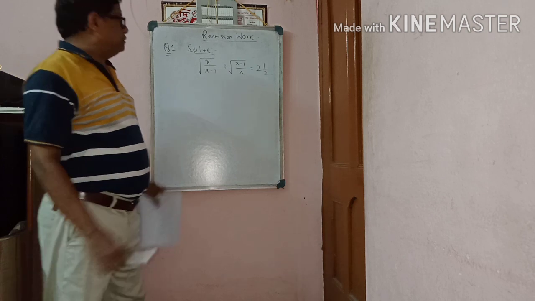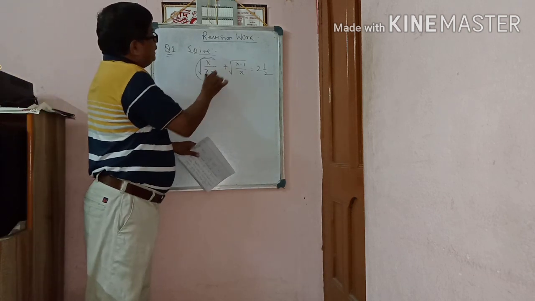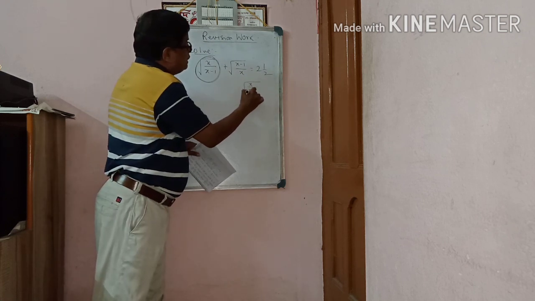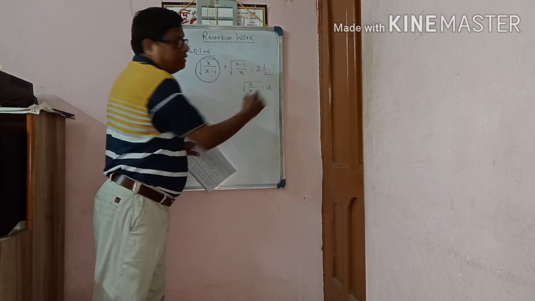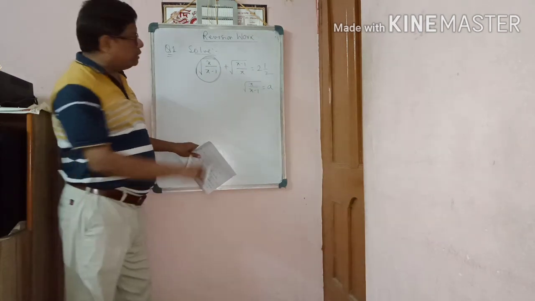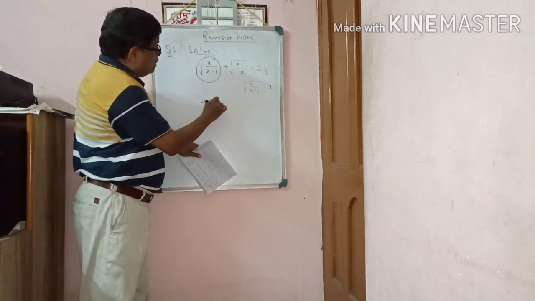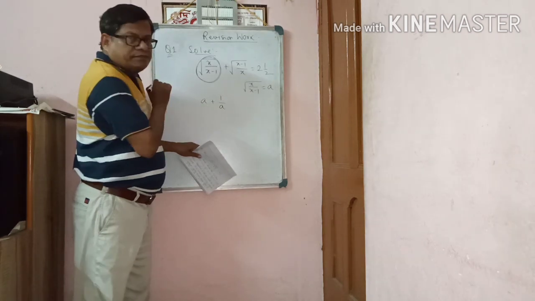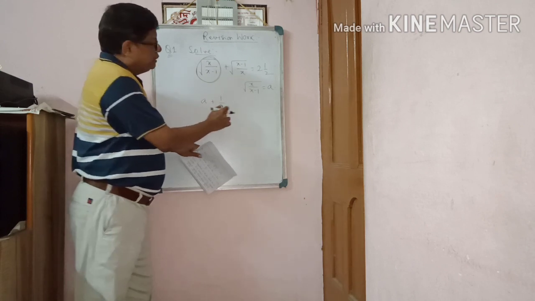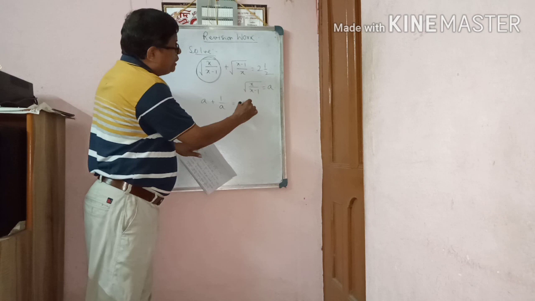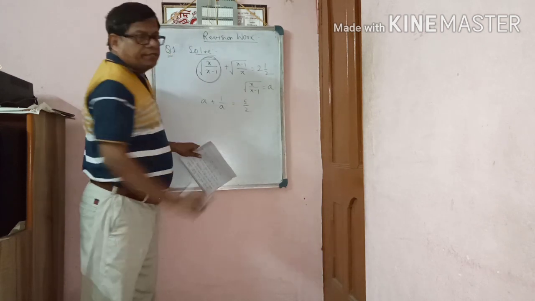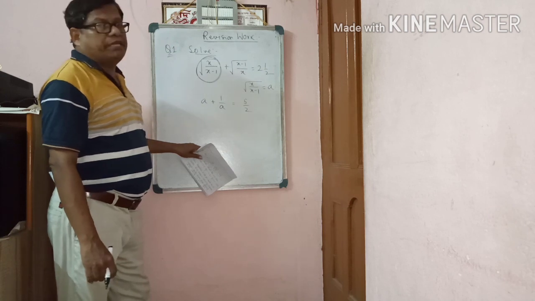First, let this part be considered a whole part. So root under x by x minus 1 equal to a. Now the given equation will be a plus 1 upon a equal to 5 by 2.